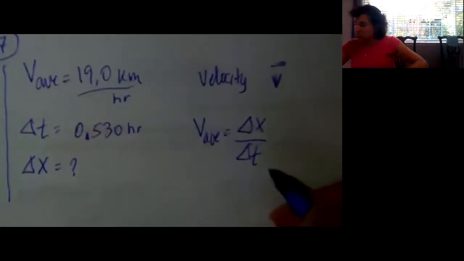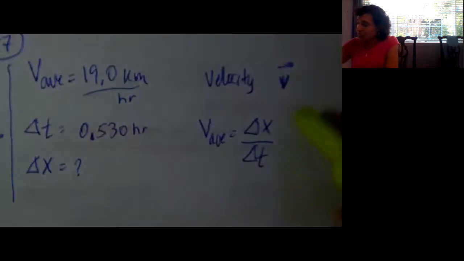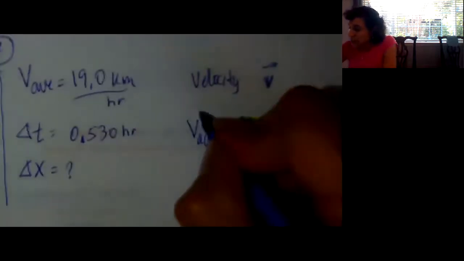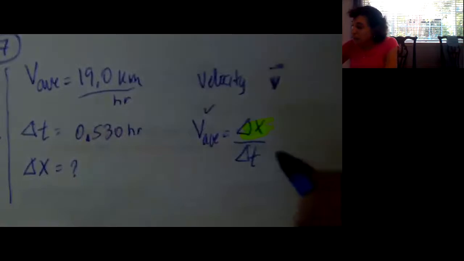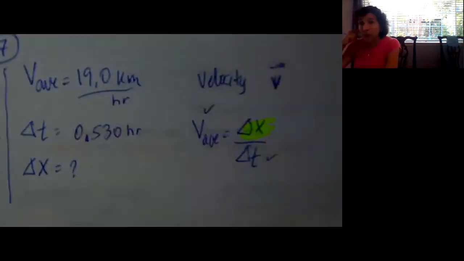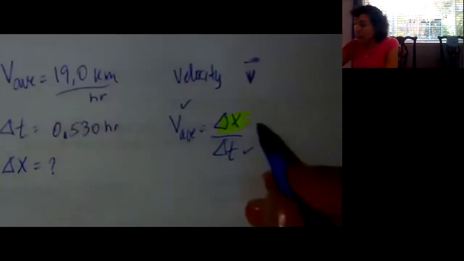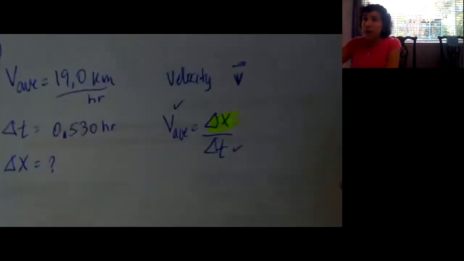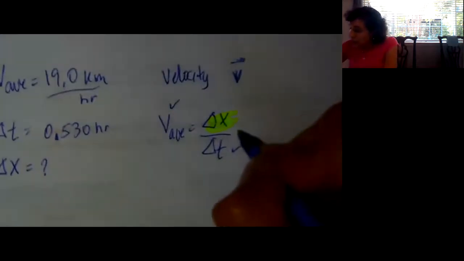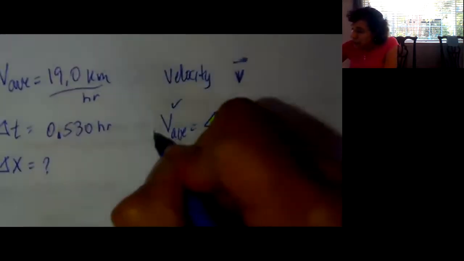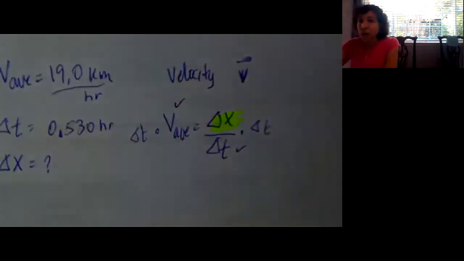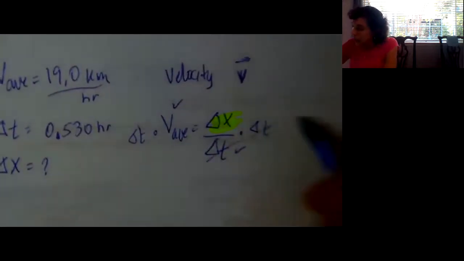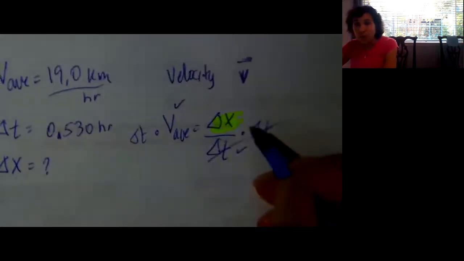But the question is, what is delta x? That's what we want to know. They gave us the v average, we know this one, and they gave us the delta t, we know this one. So how do we solve for delta x? Well, you remember in your algebra, if we multiply delta t to both sides, the delta t's on this side cancel out and we end up with delta x.